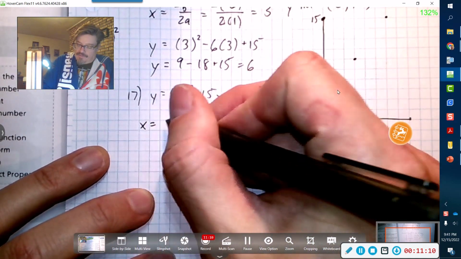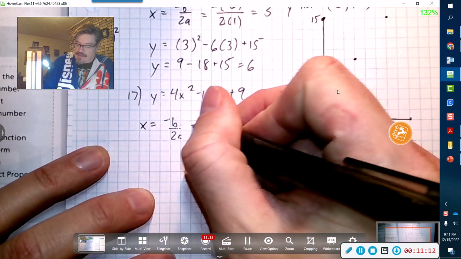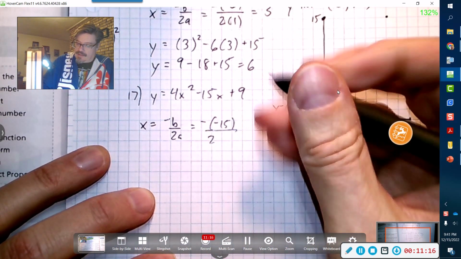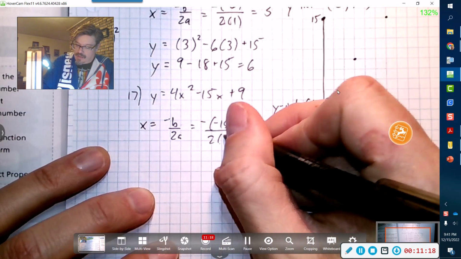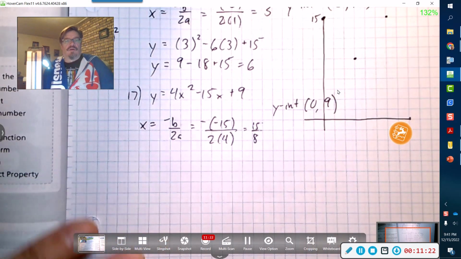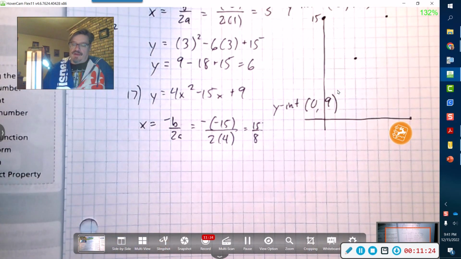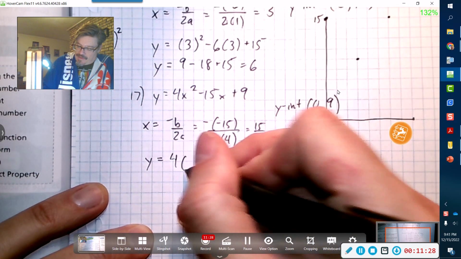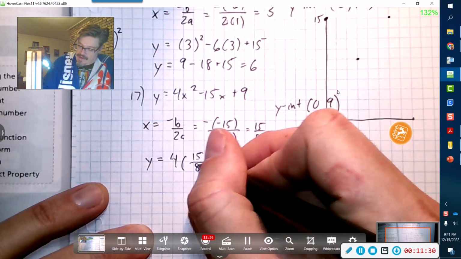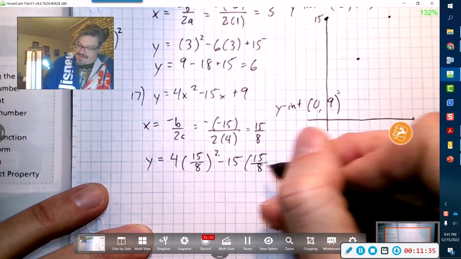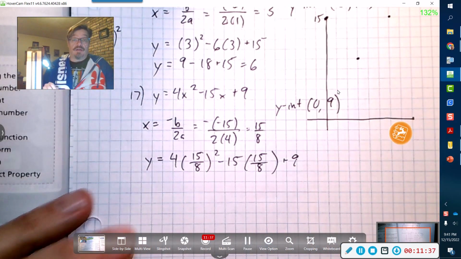Remember the formula, negative b over 2a, and that'd be negative 15 over 2 times 4. That's positive 15 over 8. A little cruel there, because we got to plug that in. I'm going to double check that just because that's uncommon.